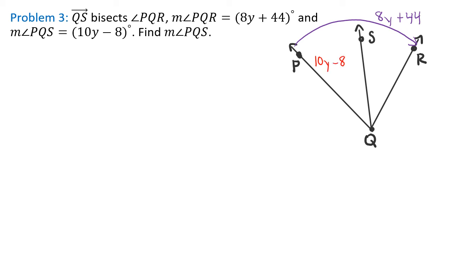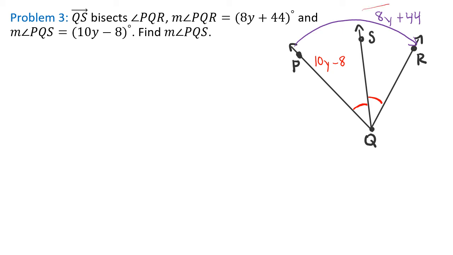Now this time they give us the measure for the overarching angle, the big one, so PQR. Well, since QS bisects that large angle, these two angles are congruent. So once again, since it bisects, it cuts it into two equal pieces.